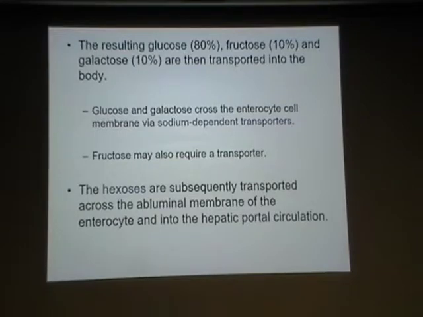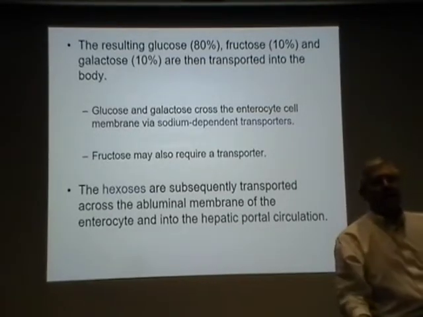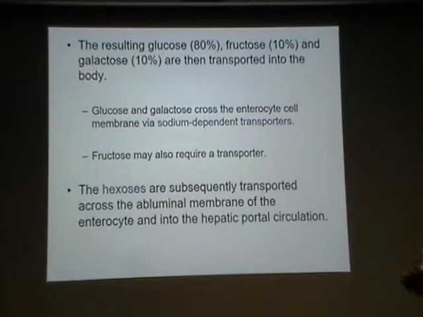So the final products of chemical digestion in the lumen of the digestive tract would be glucose, representing about 80% of all the sugar, fructose, which is about 10%, and galactose, 10%. And in FLS, we saw briefly that whether you're getting glucose, which we know we take through glycolysis, or galactose or fructose, those two also feed into glycolysis.